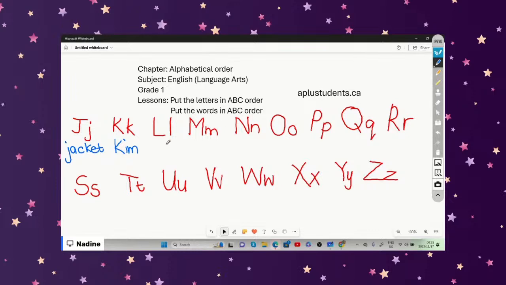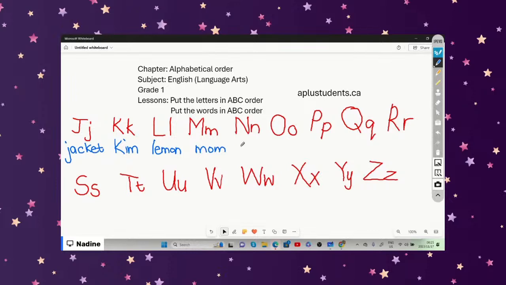Then we have L for lemon. Lemon. Then we have M for mom or for mother. But let's start with mom.